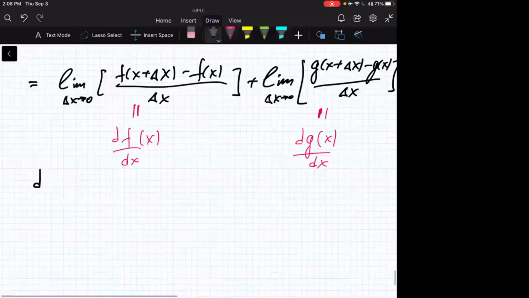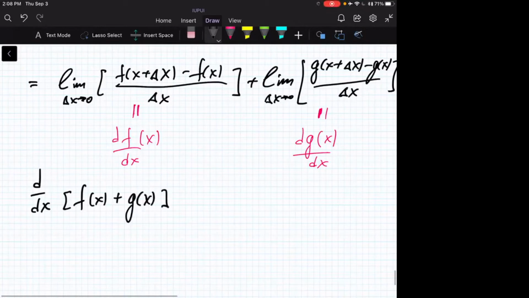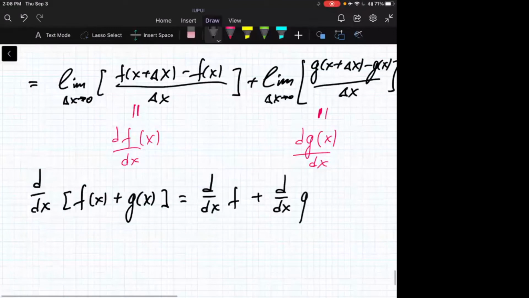So I started with d over dx of the sum, and I got that it is d over dx of f plus d over dx of g.